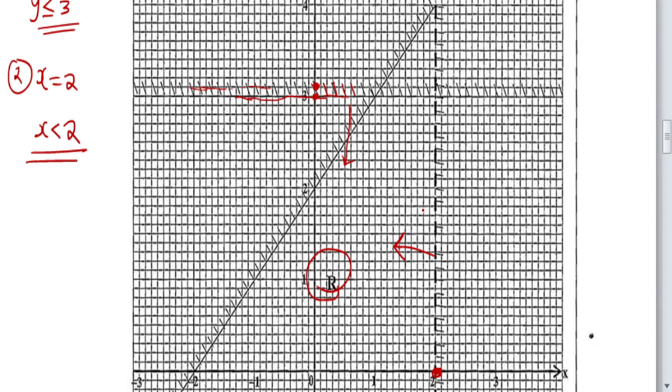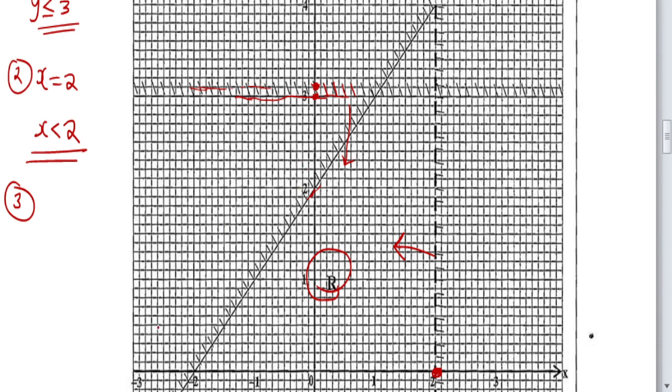Then the other line that I'm able to notice, let's see, the third line here is this line here, which is a slant line. So I can look for some points that are going to help me.